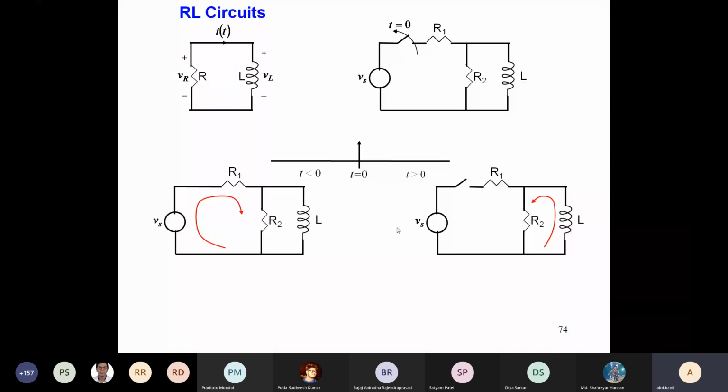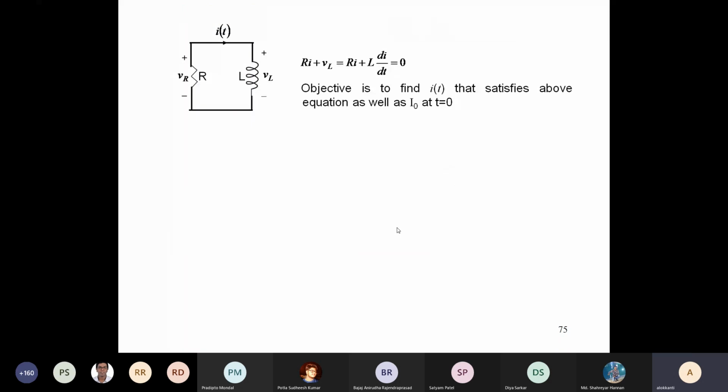Now what we are actually interested in is when there is just the inductor in the circuit, and how the electrical quantities change. We discussed this in the previous class, and it basically boils down to solving a differential equation of this form: Ri plus VL equal to 0. It is a first order differential equation, and we solve it. First order equations can be solved by many methods.